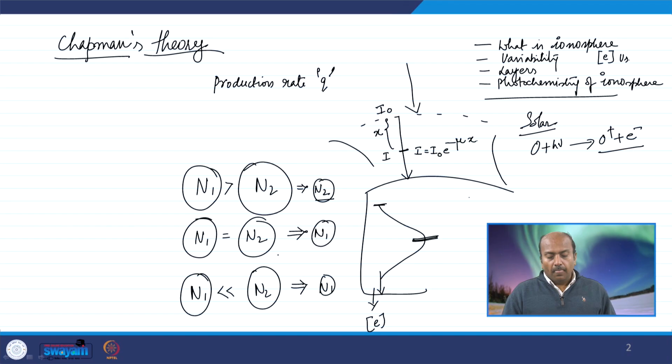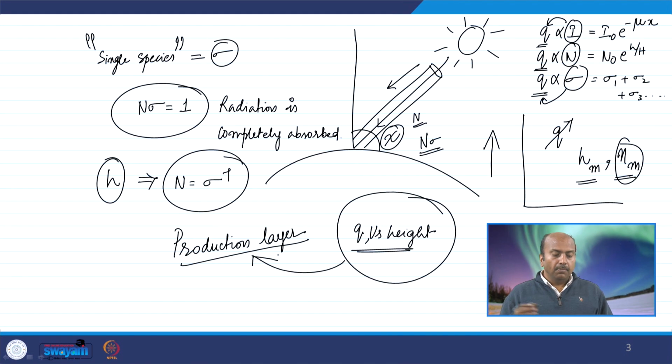To combine this, we made a simple assumption that radiation is falling onto the surface in an oblique direction and a unit cross section is offered for the radiation to travel along, and within this there are capital N number of atoms, all having the same cross sectional area. So, when n sigma becomes equal to 1, we can consider the radiation to be completely absorbed.